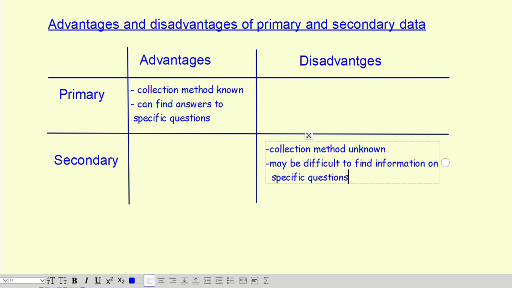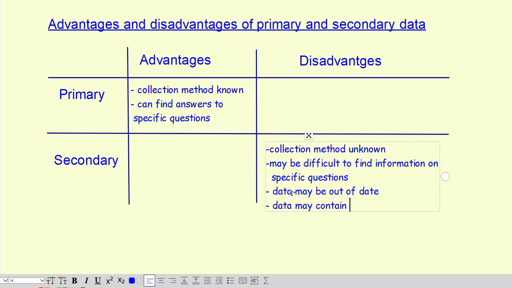Okay. Right, but then when it comes to some other disadvantages for secondary, the data may be out of date. And also the data may contain mistakes, right? Data may contain mistakes. You're relying on other people here, aren't you?